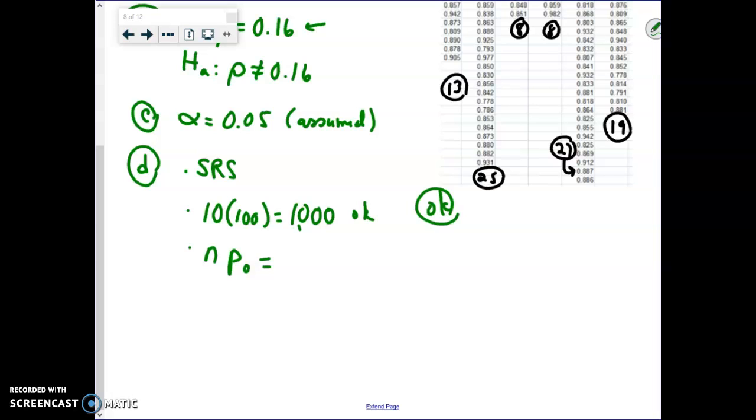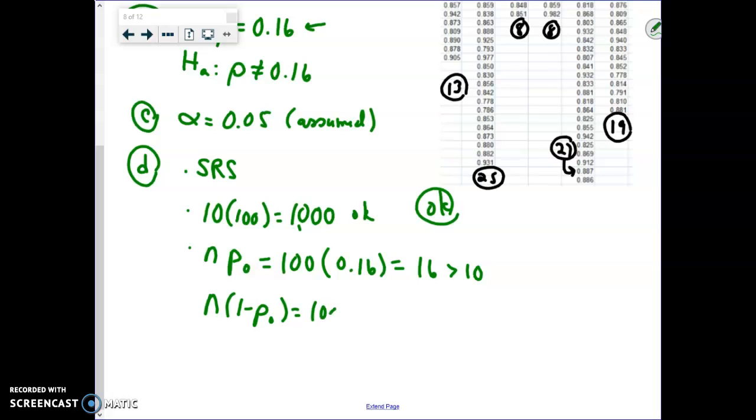So this would be 100, our sample size, times our hypothesized proportion of green M&Ms, which would be 0.16. So that would be 16, which is greater than 10. So that works. Then you take your sample size times 1 minus your hypothesized population proportion.